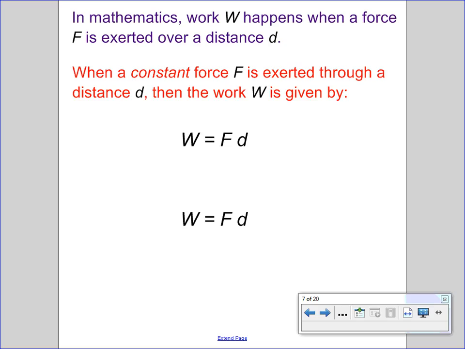I've included two forms here for constant force exerted over a distance d, because you can use a variety of units, but the main units you see are SI units. When we're talking about force measured in newtons, and distance d measured in meters, then our work, newton meters, gets its own unit, and that's called a joule.